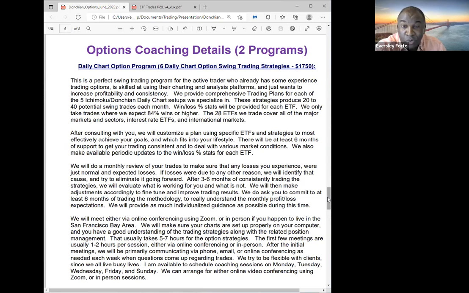If you are inadequately funded, this won't work for you. If you have like a $5,000 account and think you're going to trade options, think again. This will not work. Don't even start doing any of these strategies with only $5,000 in your account. You need more money, because your minimum risk is going to be about $500, $600 a trade.